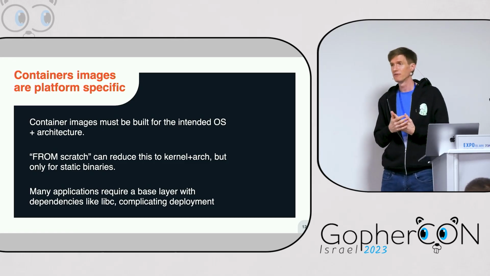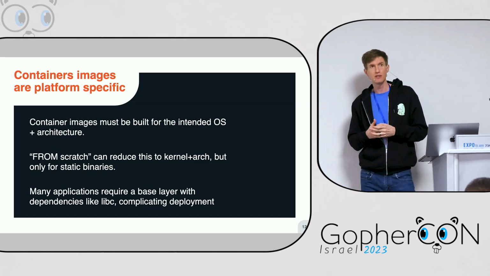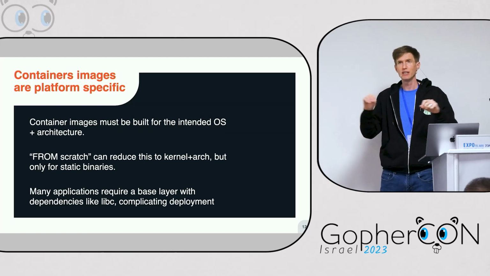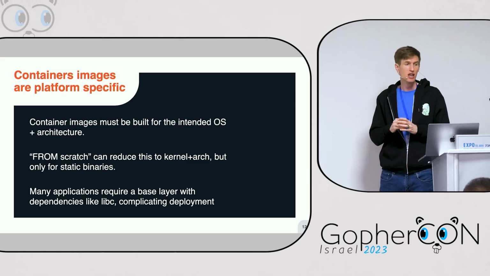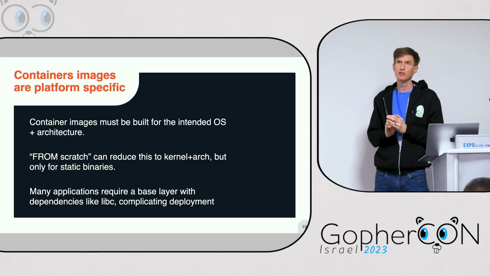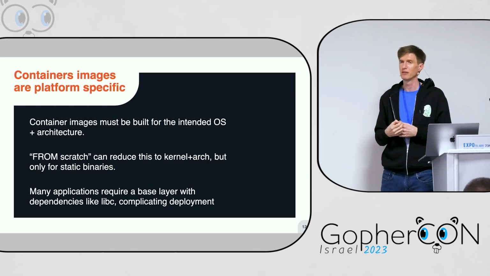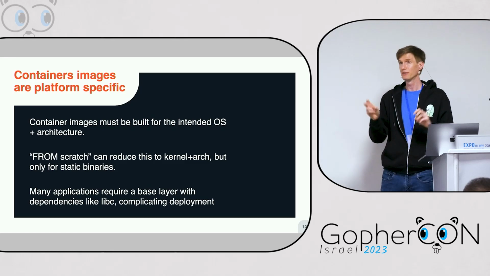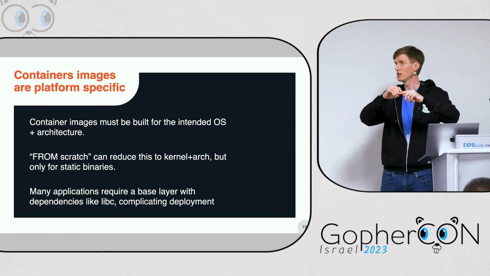Now, we do have a lot of wonderful developments over the years to make nice base layer images, which are tidy and have lower surface area, and even scratch. And if you're using Go, one of the most awesome things about Go is that if you don't use cgo, then when you compile your binary, you can use FROM scratch as the first layer of your image.